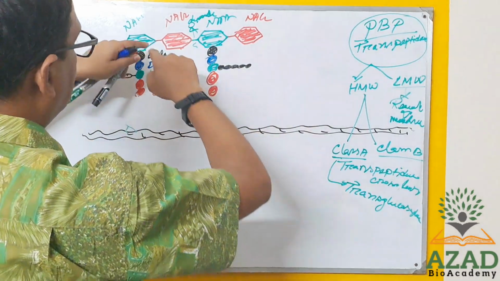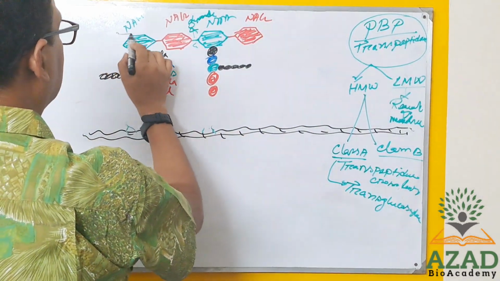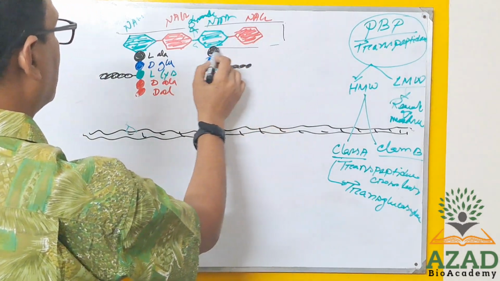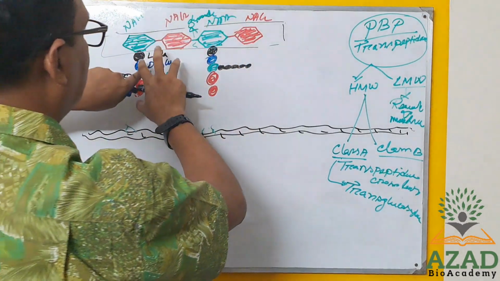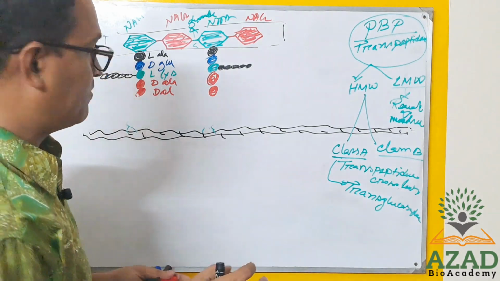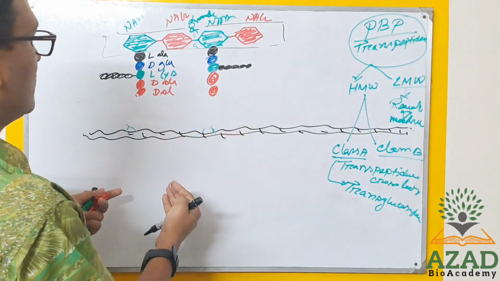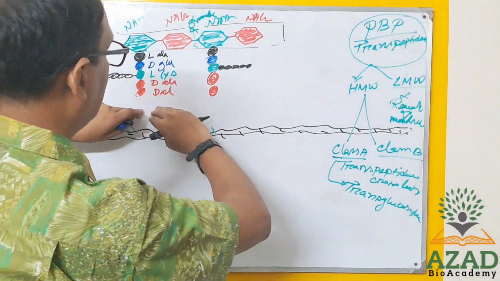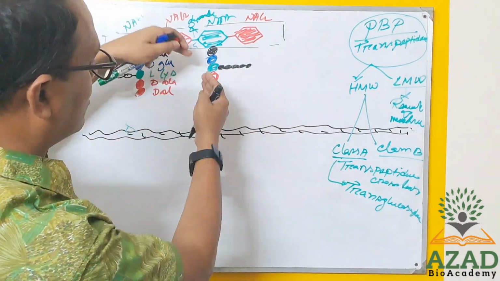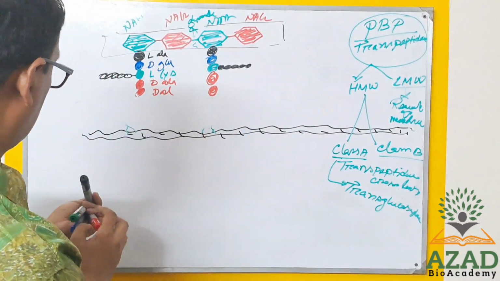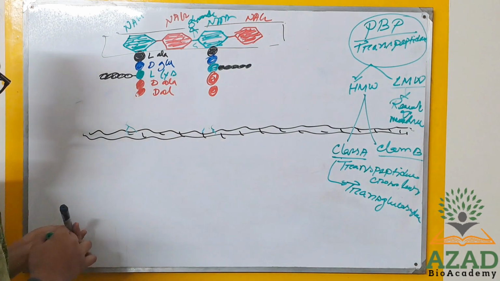Another unit, that is the basic unit of the sugar chain, the skeletal unit of the sugar chain, will carry the pentapeptide. And what will happen? Another layer will be there and it will make a cross link. So now you can draw here.